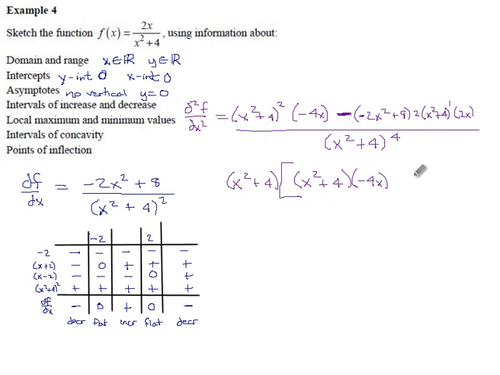Then we get the big minus in the middle. Then we have minus 2 times (x squared plus 8). This x squared plus 4 has been factored out, so we're just left with 2 times 2x. I'm going to write that as 4x because I just barely have space for that, I think. And all of that is over x squared plus 4 to the 4th.